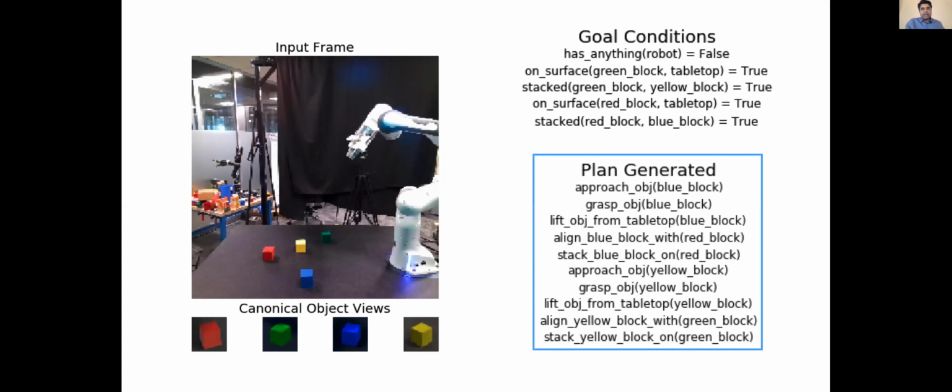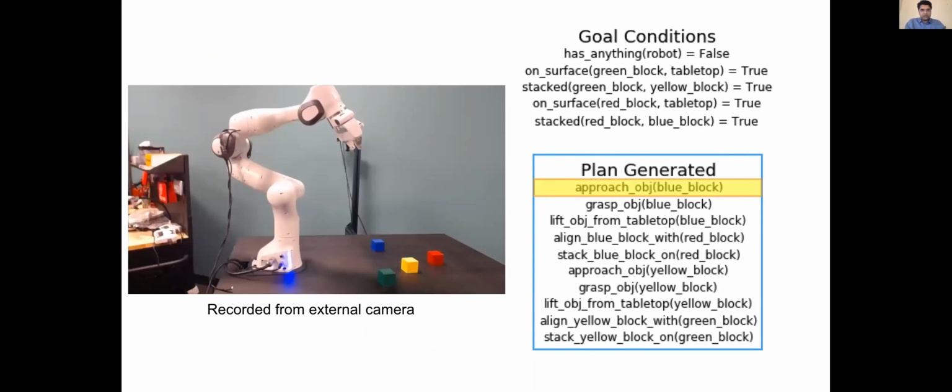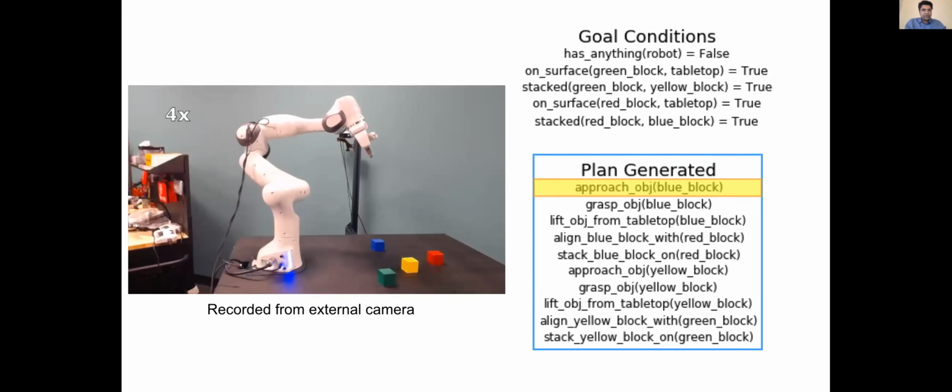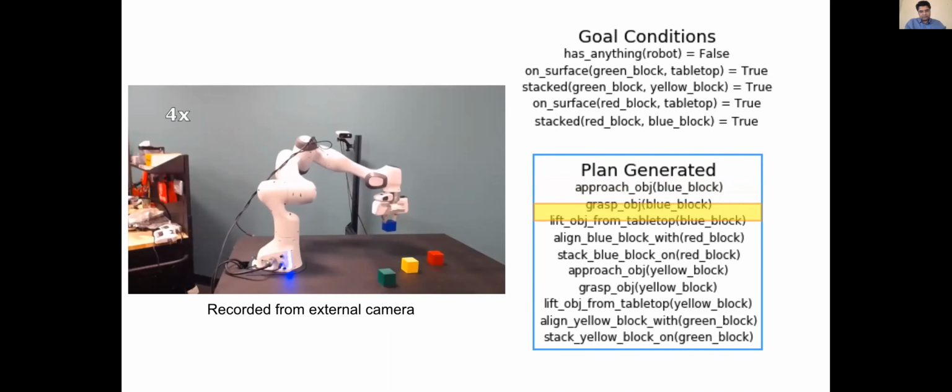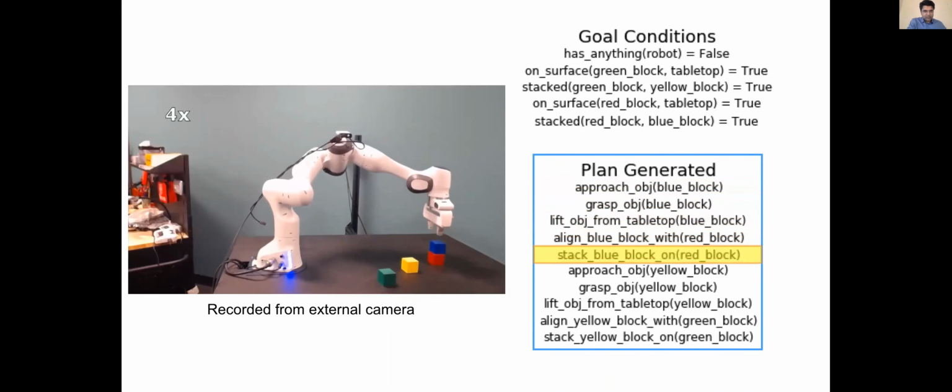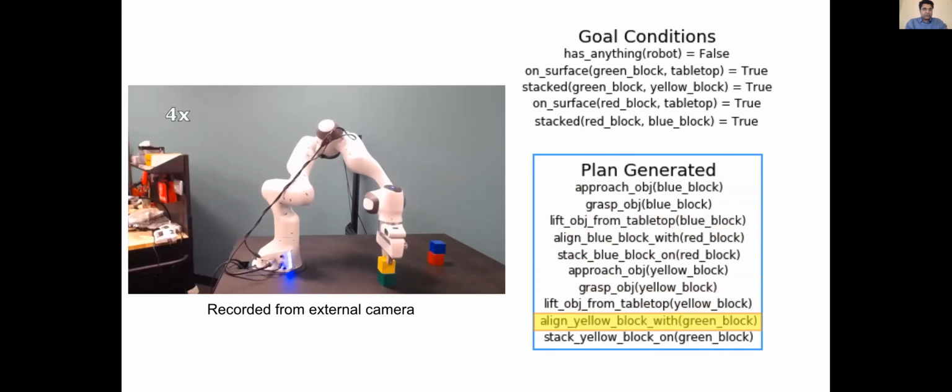With that, we can use these predicate values to generate a plan using a symbolic planner. And that gives us a list of actions the robot has to take to reach the particular set of goal conditions. We do this in an open loop fashion at this point, where using the states predicted by StarNet, we are able to do task and motion planning to perform a particular task.